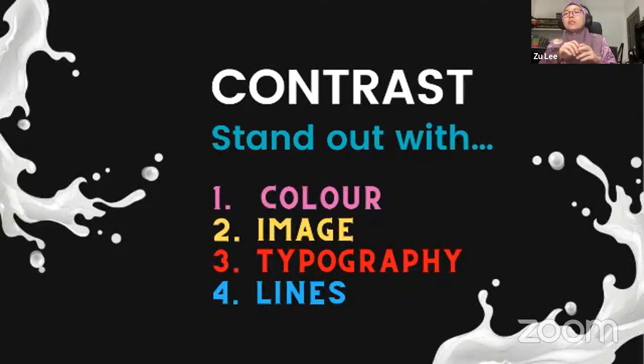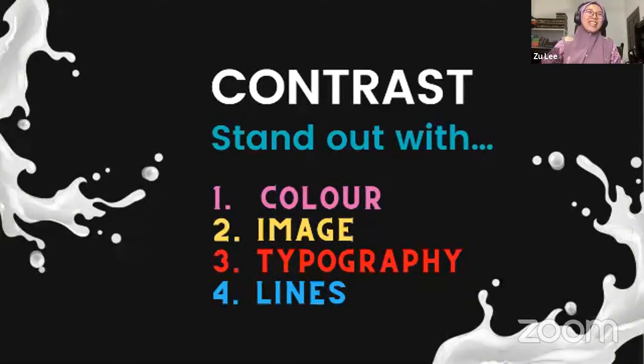Or maybe typography, where you have a big font and then you contrast with smaller fonts. And then lines, you can experiment with thick lines and fine lines. All these will affect your multimedia presentation.